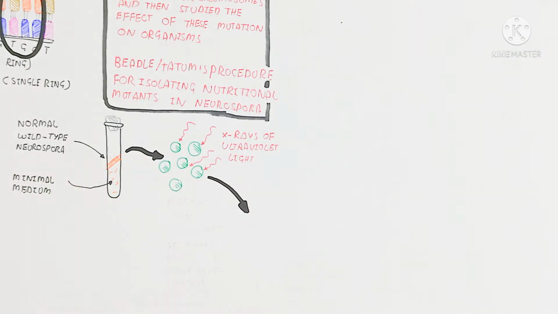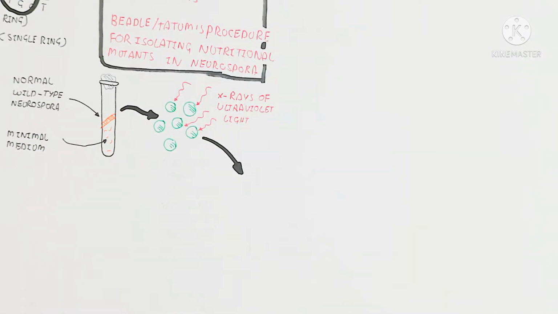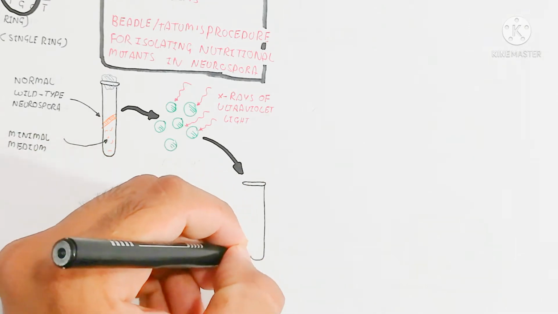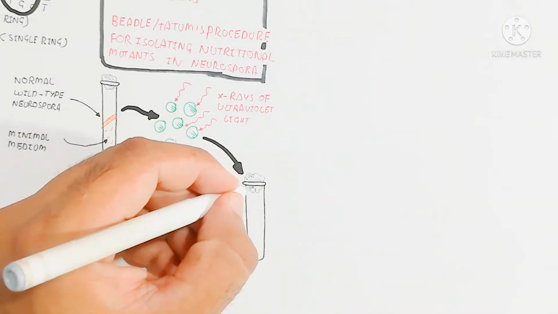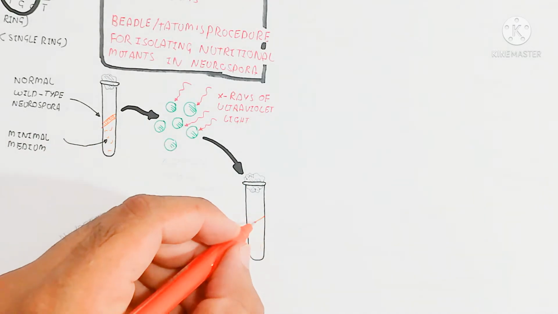So this Neurospora can grow, but after its growth we will provide another treatment. George Beadle and Edward Tatum provided X-rays or ultraviolet light because they knew that X-rays can mutate the DNA of the Neurospora.